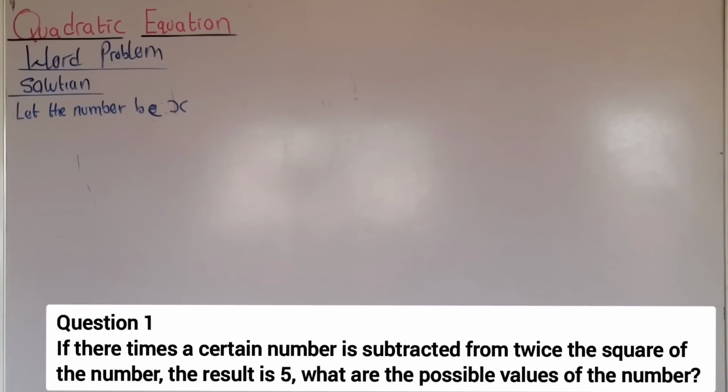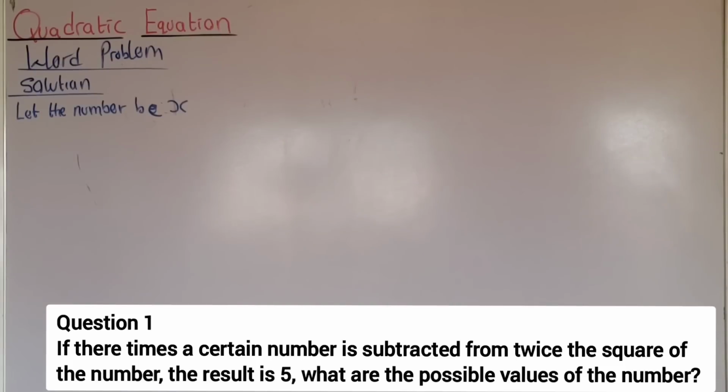You know that we are given the question as a word problem. The first step in solving that question is that we have to make an equation out of the word problem that we are given. You understand? So that's what I'm trying to do now. Go back to the question. The first statement says: if 3 times a certain number is subtracted from twice the square of the number.